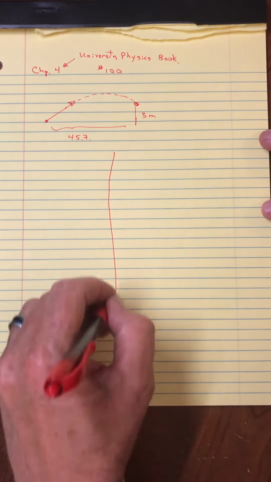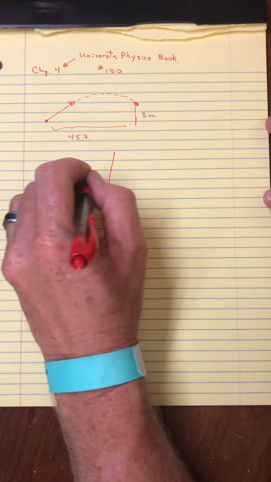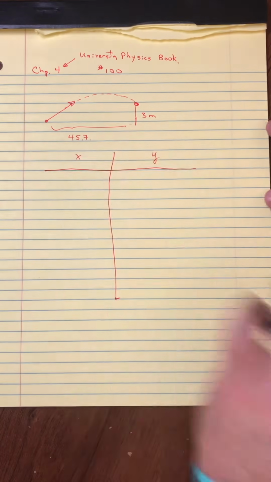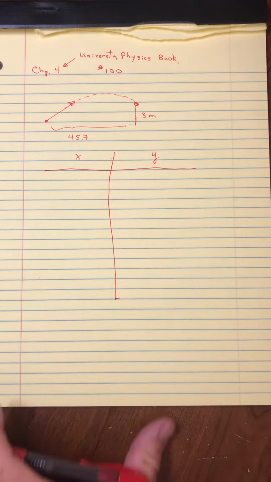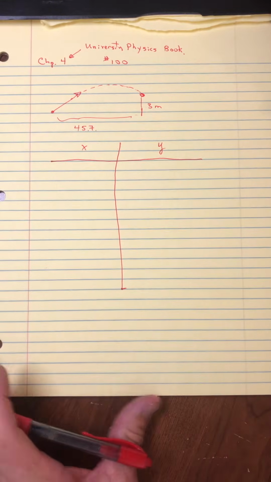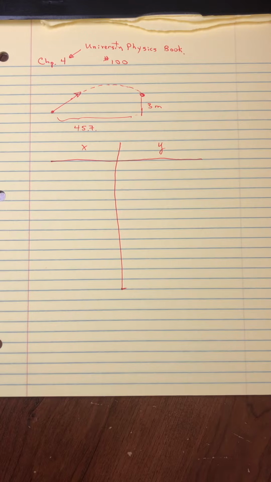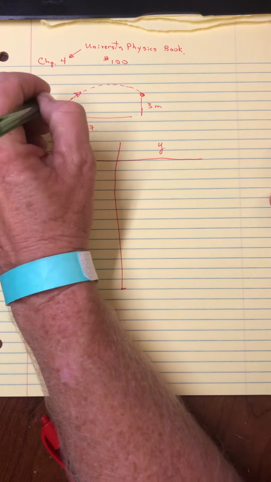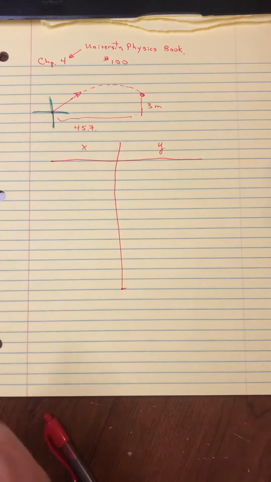My hint, which continues to be the same hint, is to start the problem by dividing your paper in two and saying, I've got X and Y motion. Then write out the things that you do know. One of those is where you are going to put your origin.